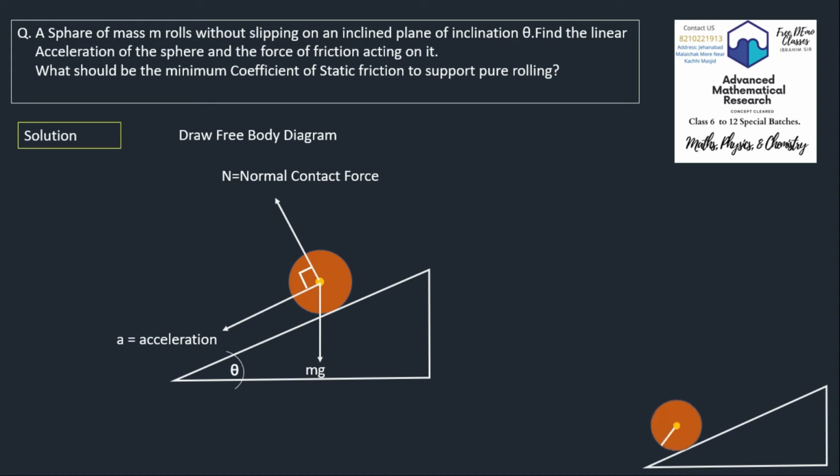Now this is the normal contact force, and this is the force of friction. We know that the force of friction works at the contact, and it is always opposite. This force of friction will always be opposite to the acceleration.